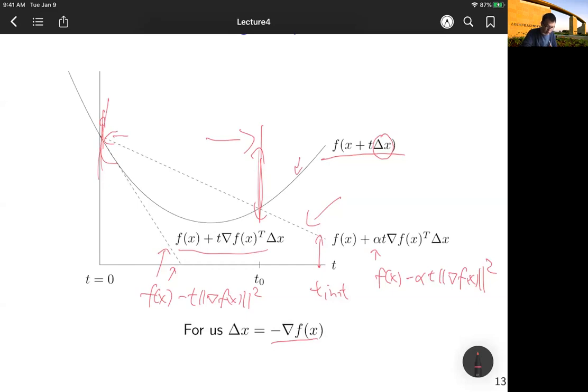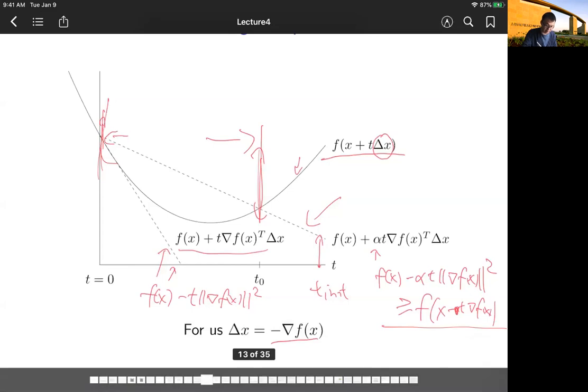Geometrically, that refers to this region, which is saying that this is larger than f of x minus alpha t gradient of f of x. So that gives us a sufficient descent with the choice of learning rate chosen adaptively by backtracking.